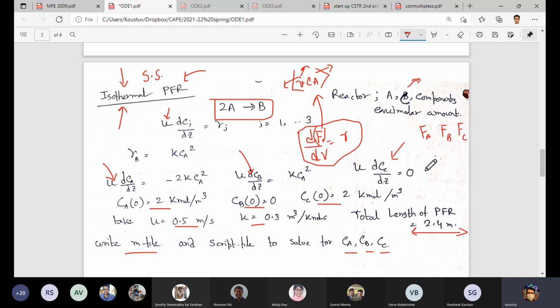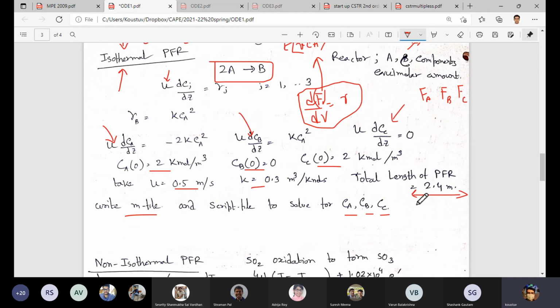One might ask you what the conversion is at the end of the PFR. So from the plot or from the data, you should be able to calculate the conversion, because you know the initial amount of moles or molar concentrations, and you will know what Ca is at the end of the reactor.